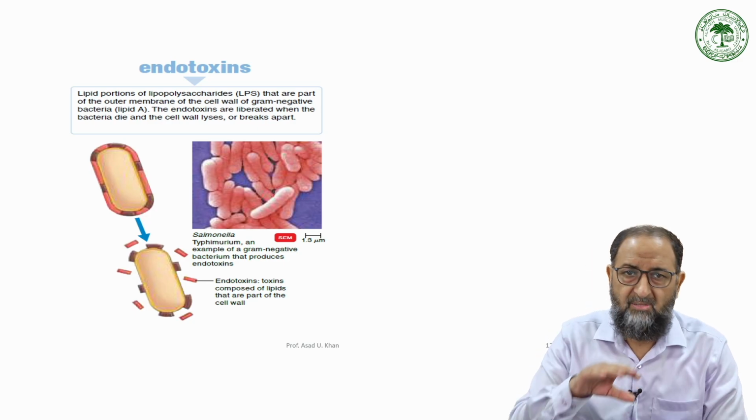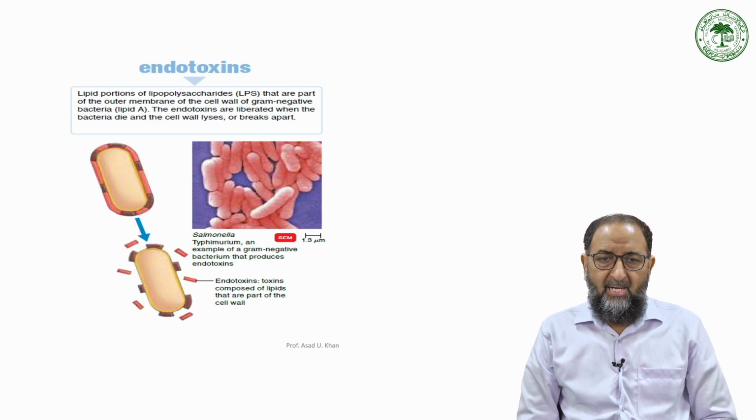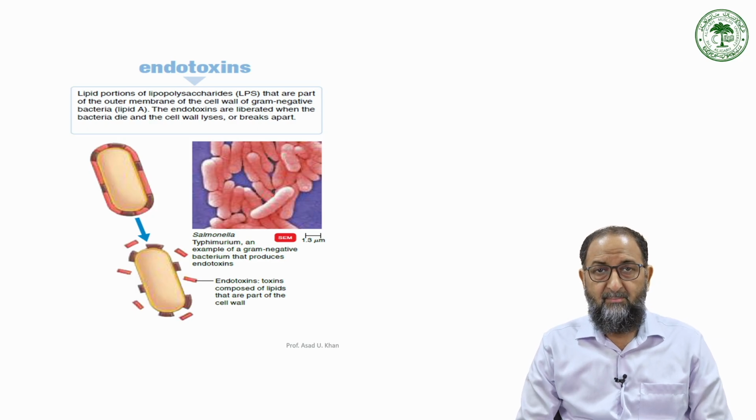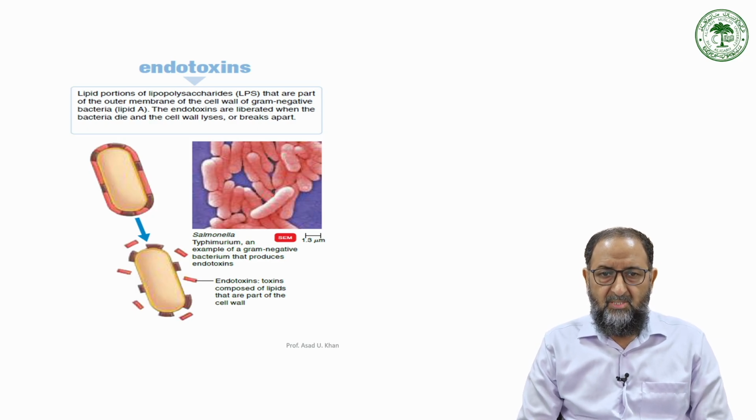So they are present on the outer membrane and they break apart. For example, Salmonella typhimurium is a gram-negative bacterium that produces endotoxins, and these endotoxins are composed of a lipid that is part of the cell wall.